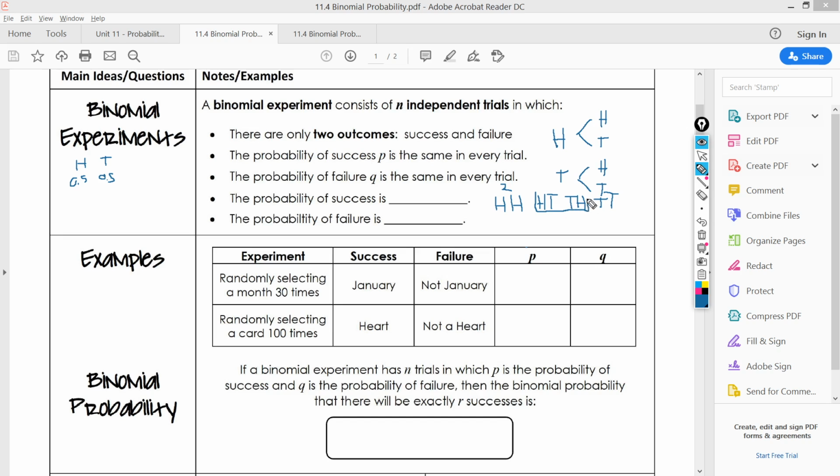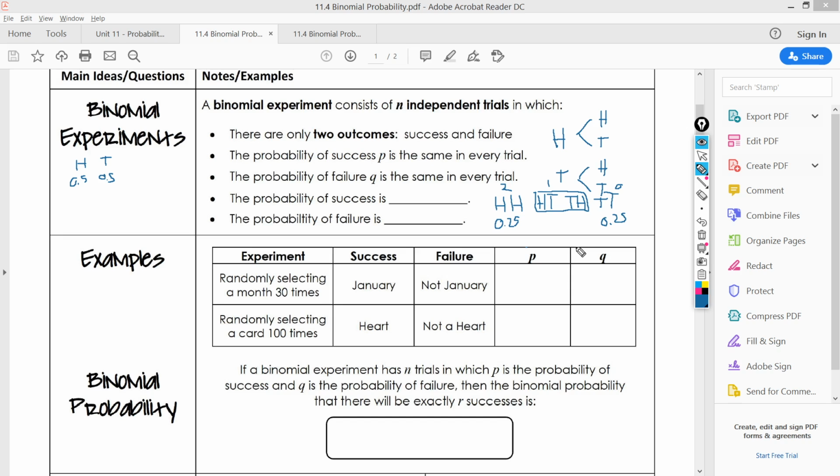Heads, tails and tails, heads each have 1 head. And tails, tails has 0. Well, if I ask what's the probability of getting 2 heads, it's 1/4, which is 0.25. And the chance of getting no heads is tails, tails, and it happens 1/4 of the time too, 0.25.